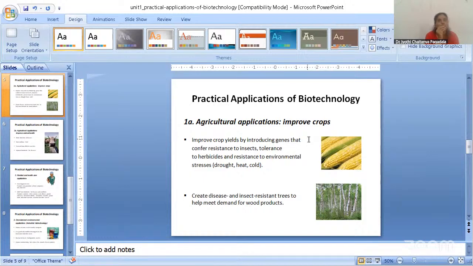Those are alfalfa, Argentine canola, bean, carnation, chicory, cotton, creeping bent grass, eggplant, flax, maize, melon, papaya, petunia, plum, Polish canola, poplar, potato, rice, rose, soybean, squash, sugar beet, sugar cane, sweet pepper, tobacco, tomato, and wheat.